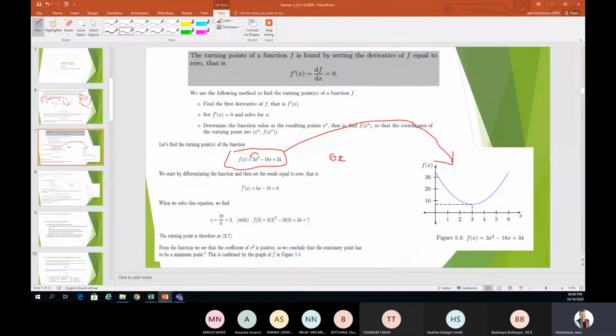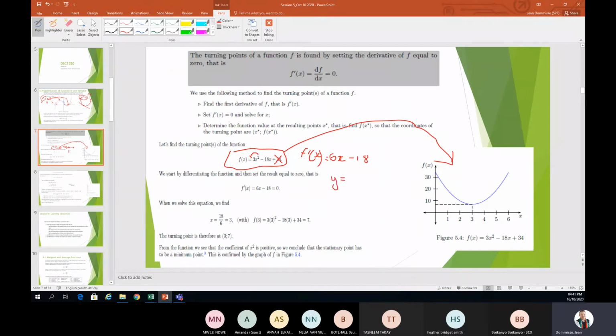It will be the 2 minus 1, which will just give you the 1, and in the other one, 18x just becomes 18, and the 34 will fall away. So that would have been your differentiated formula, and that differentiated formula will then be probably where it is the turning point. So let's look at it.